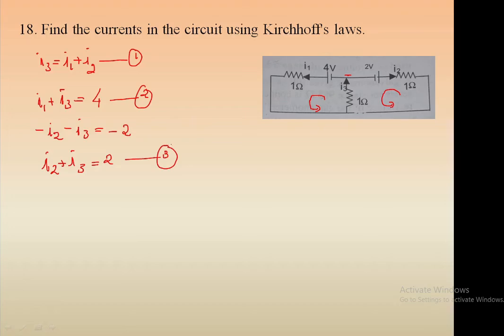Now let us substitute equation number 1 in equation number 2. From equation number 1 we have I1 is equal to I3 minus I2.